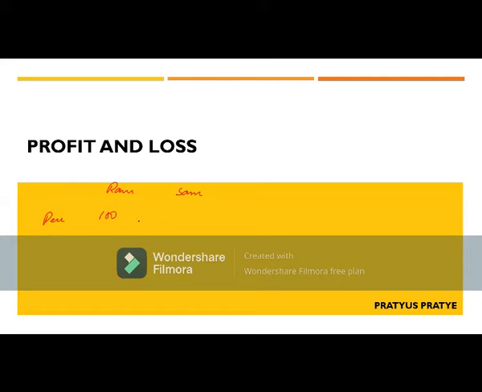So this 100 rupees thing is cost price for Ram or selling price? We know that this 100 rupees is nothing but cost price for Ram.